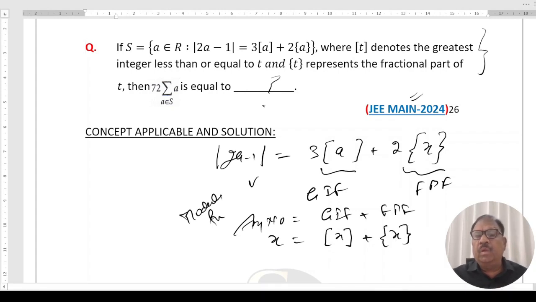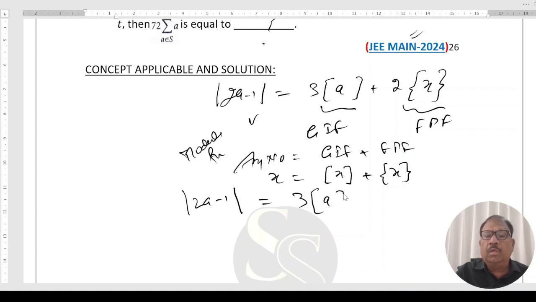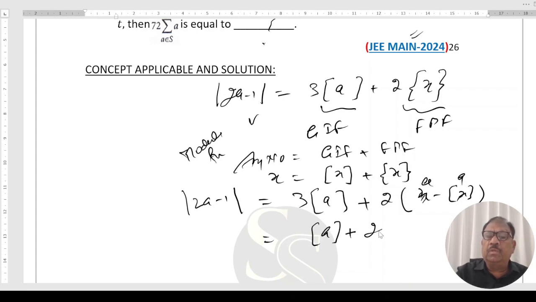Using this property, this can be written as modulus of 2A minus 1 equal to 3 times the greatest integer function of A plus 2 times A minus the greatest integer function of A. On simplification, we have the greatest integer function of A plus 2A, that is, 2A minus 1. Let us call this equation 1.